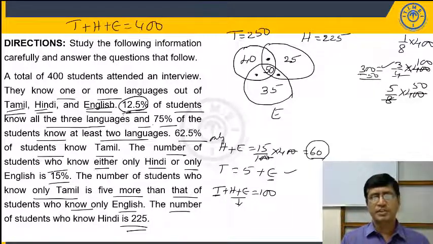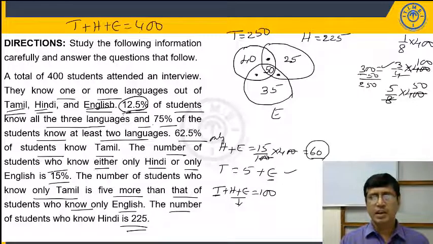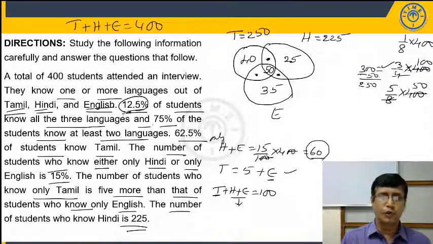My dear students, if you observe carefully, how many are Tamil, how many are Hindi, how many are English? How many students are from Tamil? 250.